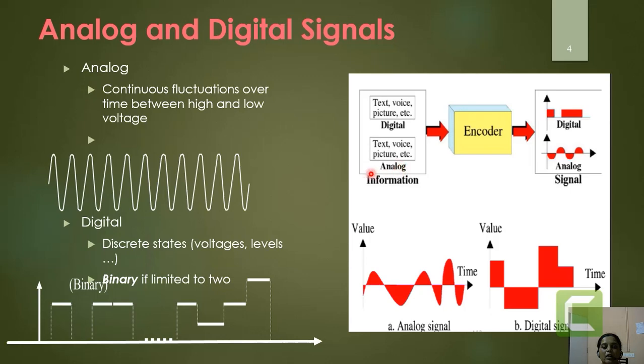That data or information may be of type text, voice or picture. Once this information is available, by using the encoder, we have to convert it to digital information, or obtain a discrete number of states from the infinite number of levels present at the input.